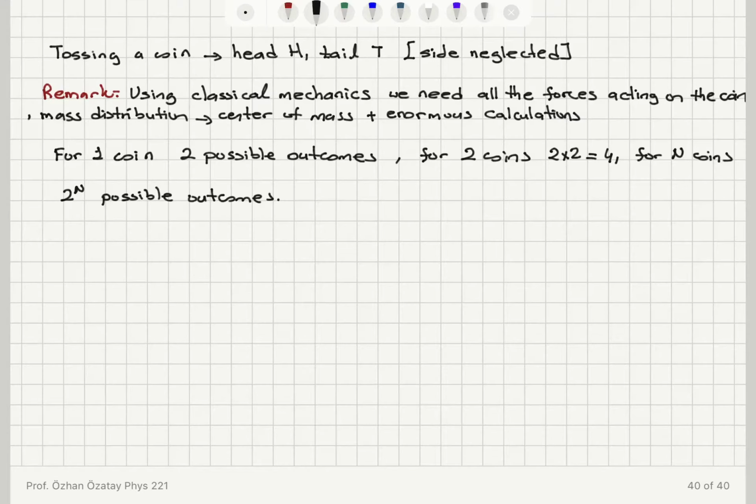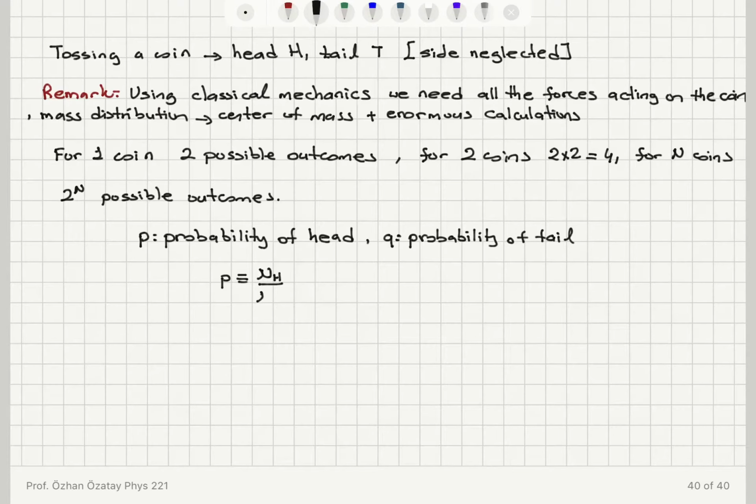Okay, now if I call P the probability of the outcome head, and I call Q the probability of having a tail, then P is by definition the number of getting heads divided by the total number, and Q is by definition the number of getting tails divided by the total number.